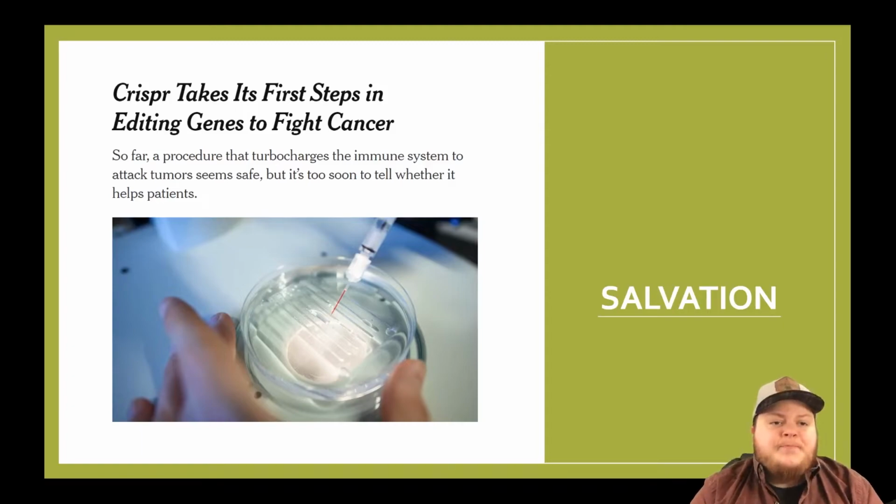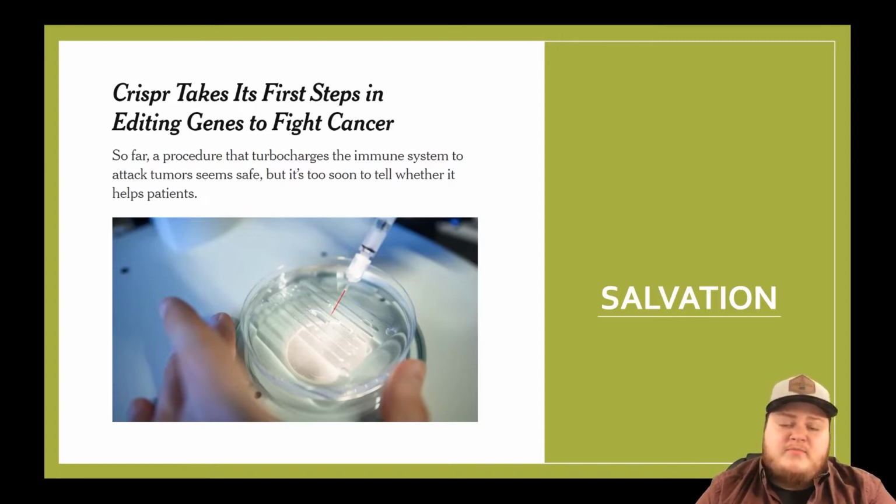So the first thing about technology being the salvation or good thing would be CRISPR. We're thinking in about 20 years, cancer can be eradicated because of this gene editing. And they're doing human trials. They just started at the end of 2019, and that's for adults, and it has a lot of promise there.